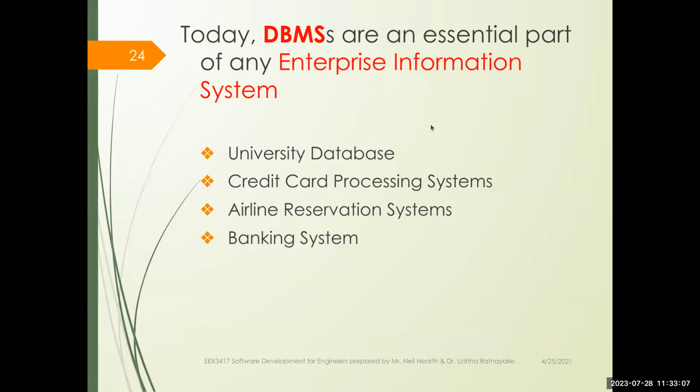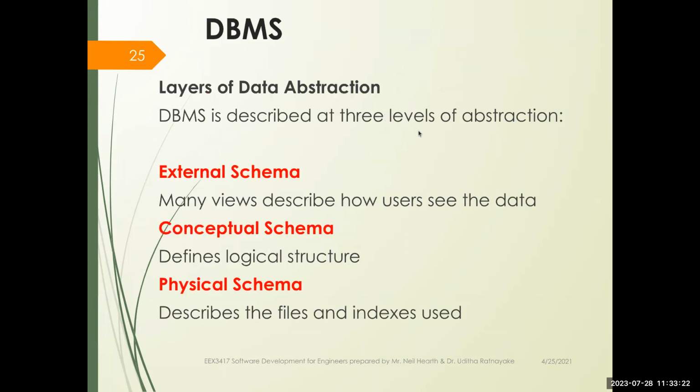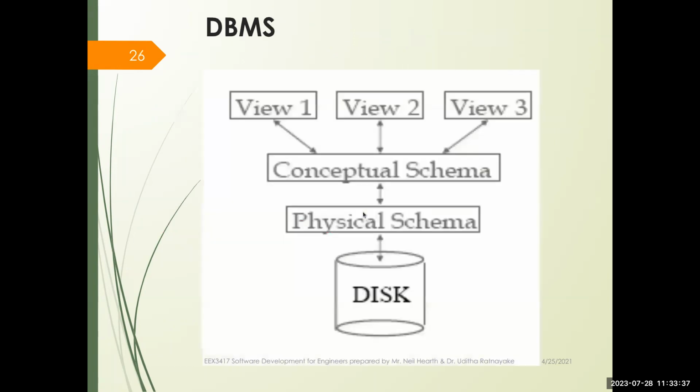Today, database management systems are an essential part of an enterprise information system, such as card processing, airline reservation systems, banking systems, etc. Now, the DBMS has 3 layers of data abstraction: external, conceptual, and physical schema.